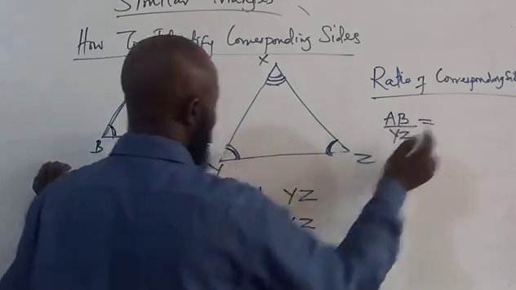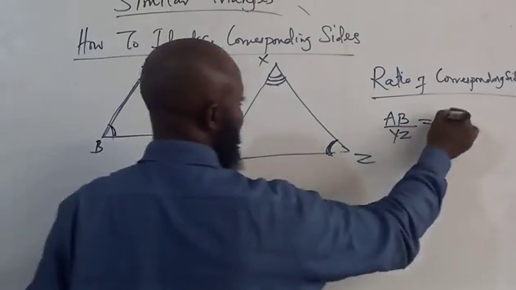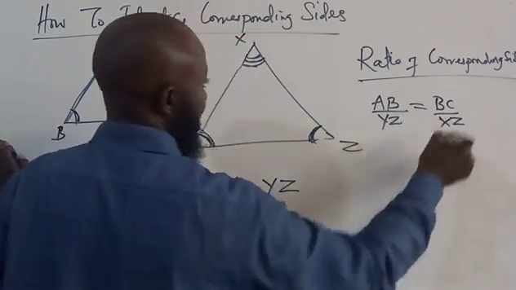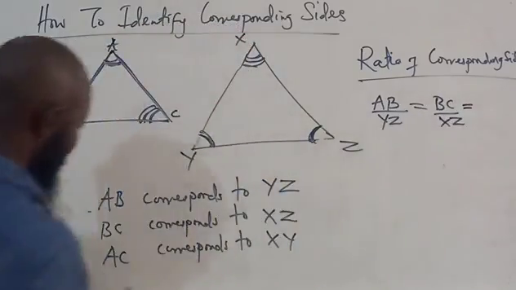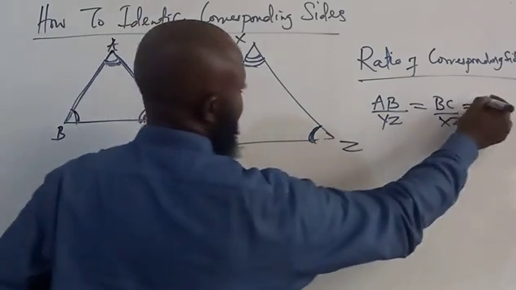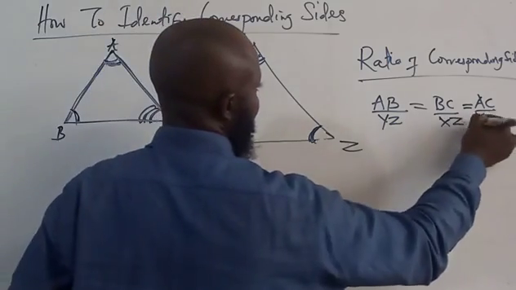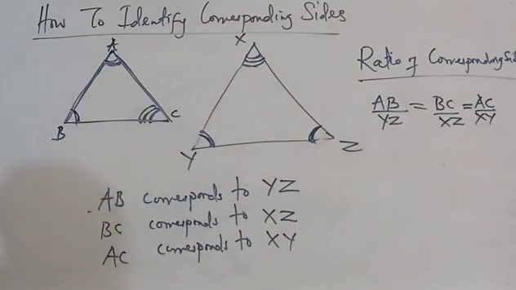It must be equal to the second ratio, which is BC divided by XZ. Which must also be equal to the third one, which is AC divided by XY. So that is how to identify the corresponding sides of similar triangles.